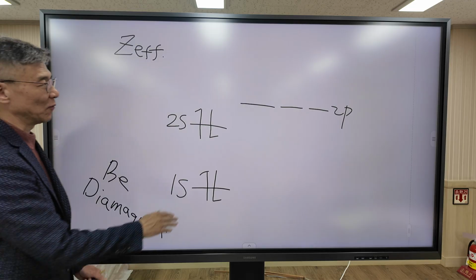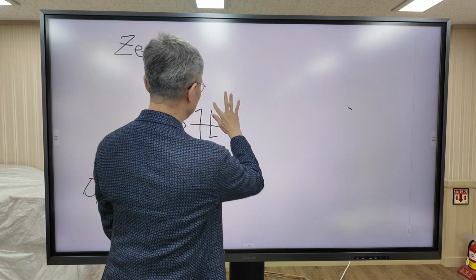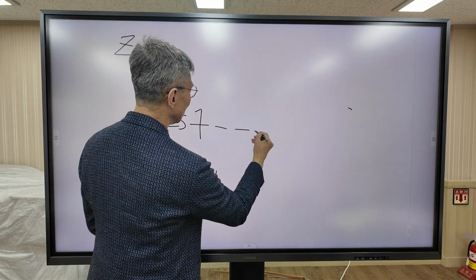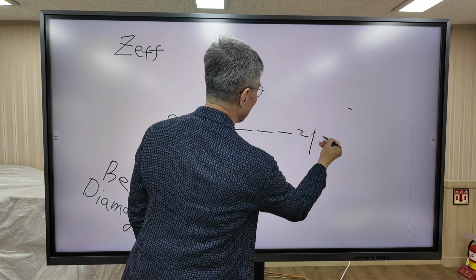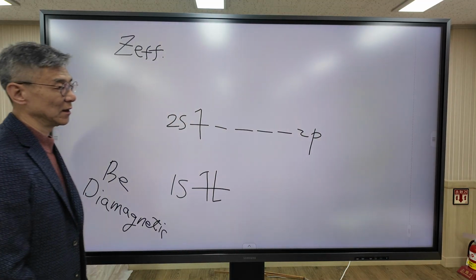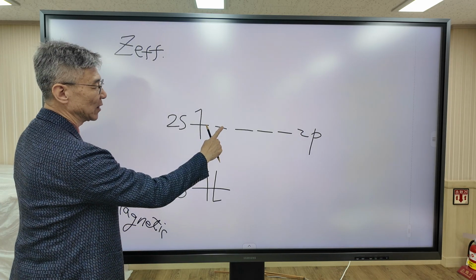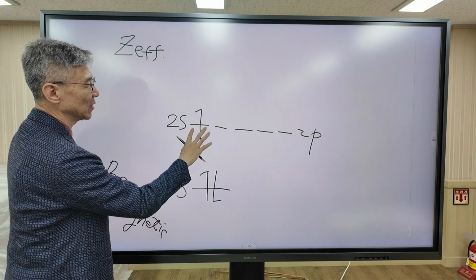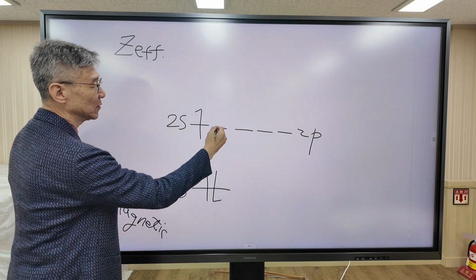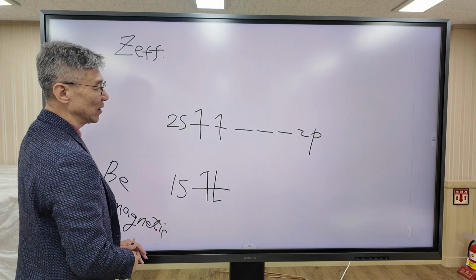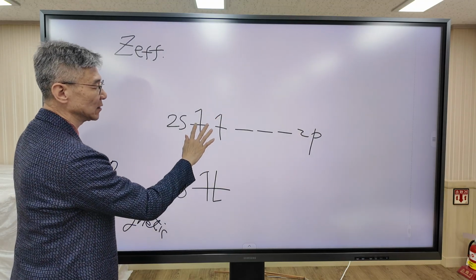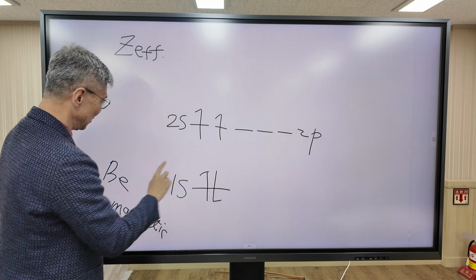But what would happen if the 2s and 2p orbitals had the same energy level? Then the fourth electron would go to a 2p orbital with spin up, because in this case the 2s orbital has the same energy as the 2p orbitals.